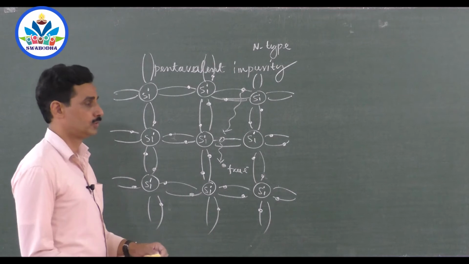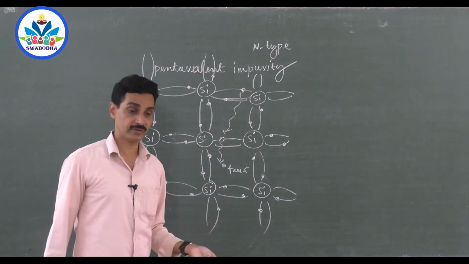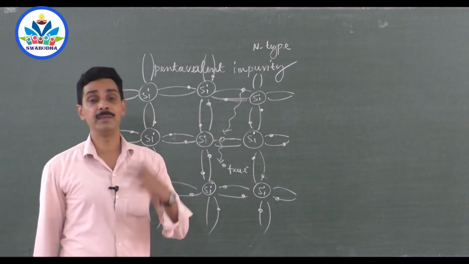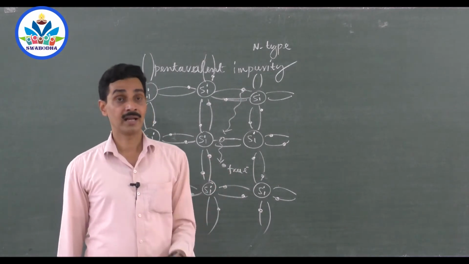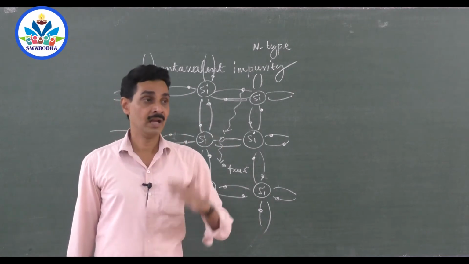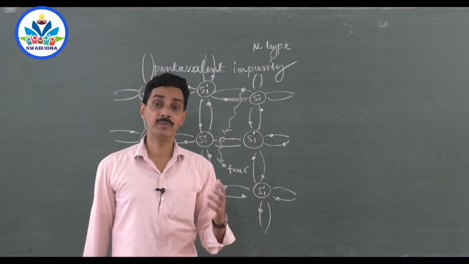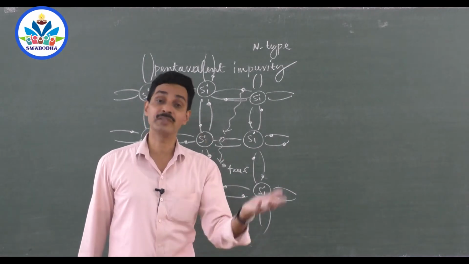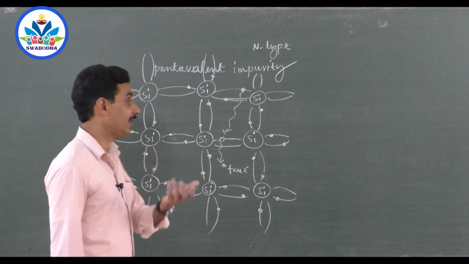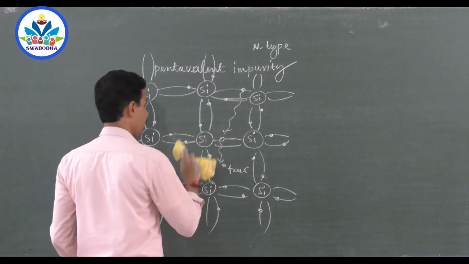Now suppose you dope pentavalent phosphorus. What do you mean by pentavalent phosphorus? Phosphorus has many electrons, but there are 5 valence electrons in the outermost shell, and these 5 valence electrons can form 5 bonds with neighboring phosphorus atoms. But when they come to silicon, 1 electron becomes free, because 5 are not needed here.